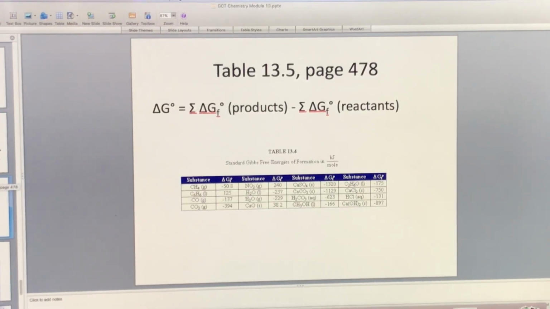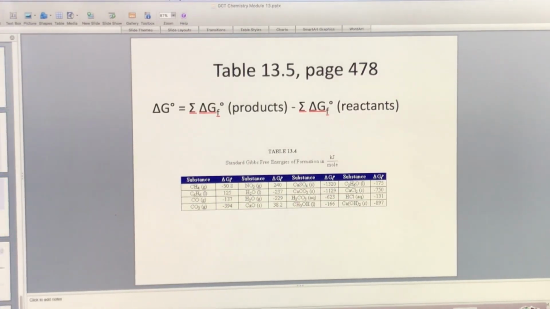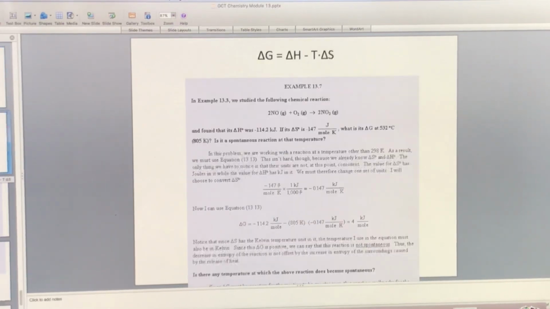And once again, we have another equation that's very similar to our delta H and delta S. We have the sum of the change of the Gibbs free energy of formation of the products minus that of the reactants, which will give you a quantitative value for delta G. And we have this table that can help us fill in some exact values.